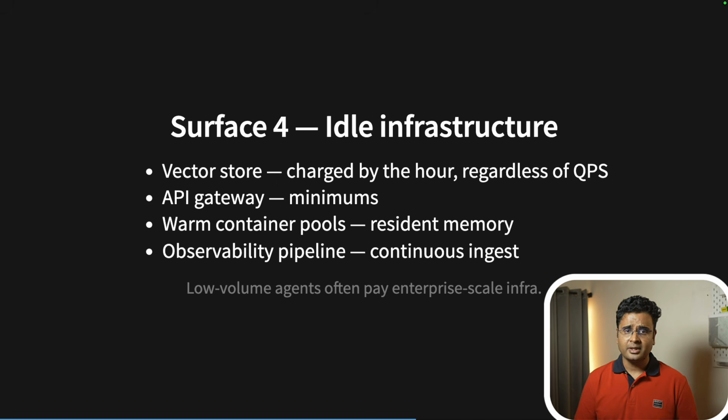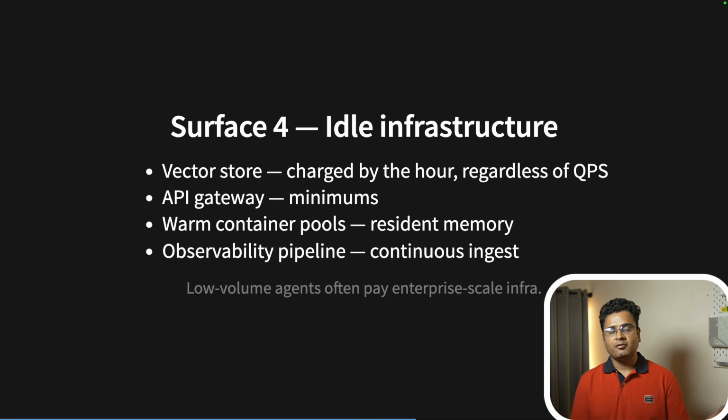For a low volume agent, these can dominate. And I've seen systems where compute cost per call was maybe 2 cents, but the allocated infrastructure overhead per call was 8 cents. I'm just giving a number for your reference. The agent was only receiving 200 requests a day against a platform provisioned for maybe 200,000 requests. The senior reasoning over here is this.